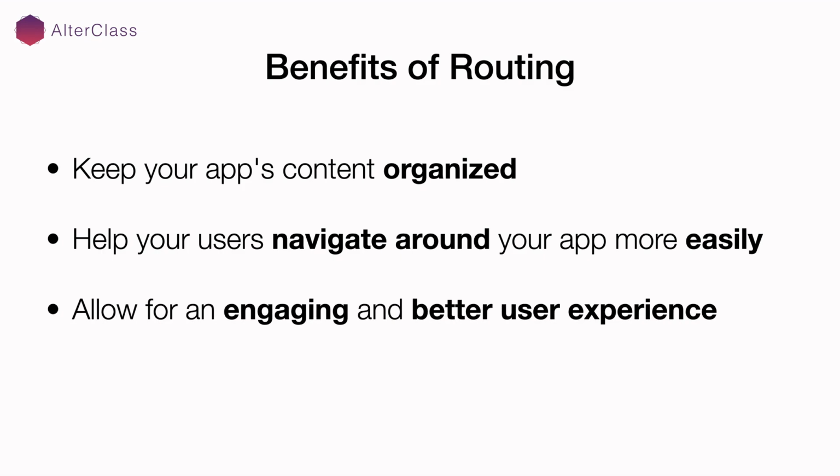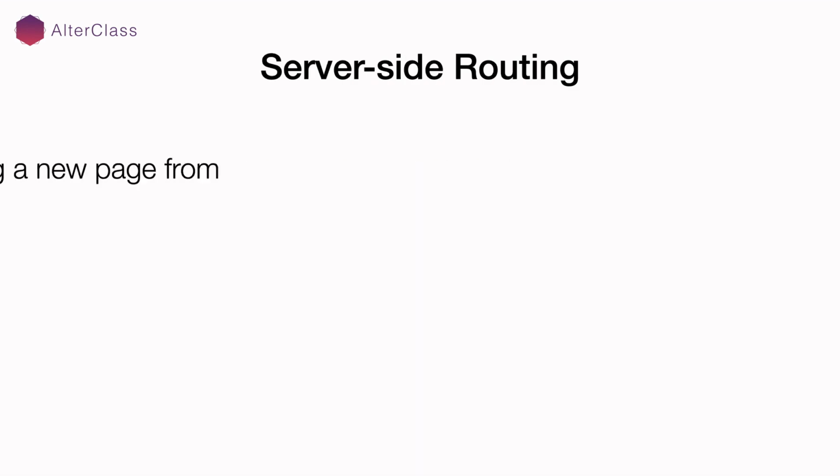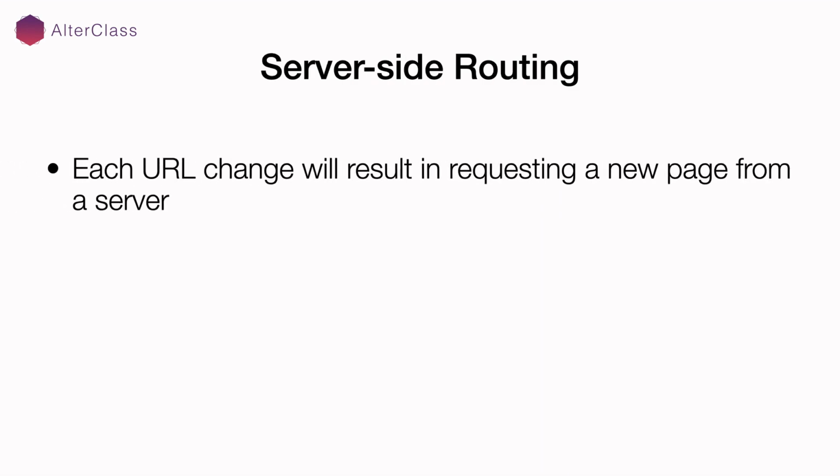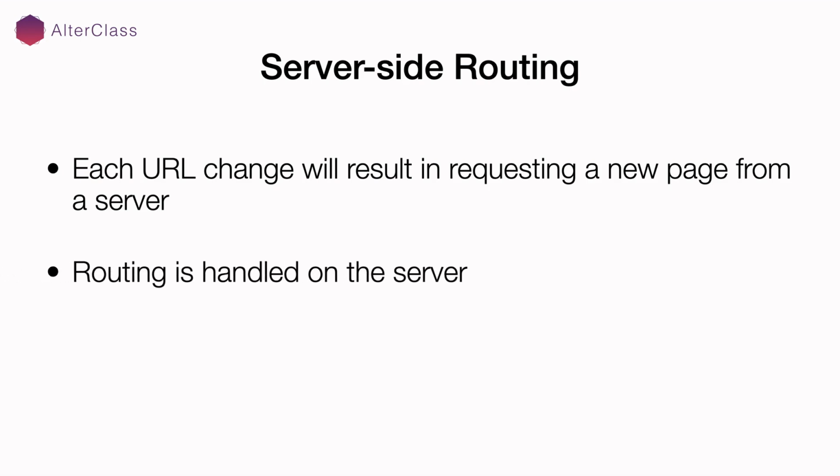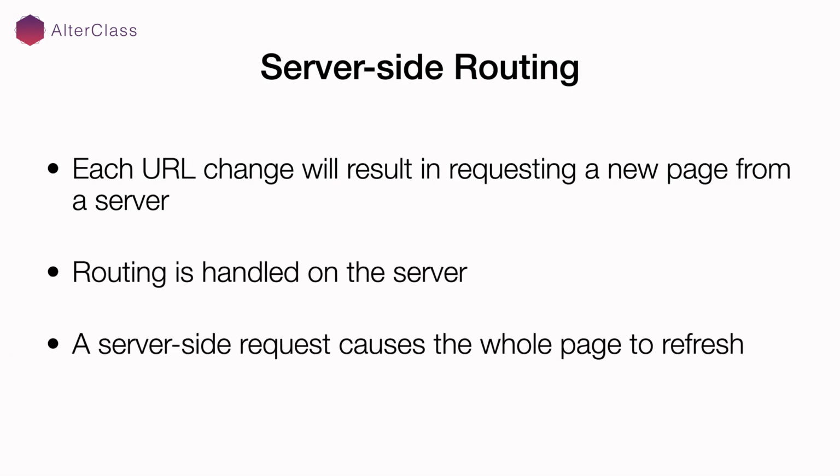Depending on the kind of application you are building, there are different ways to handle routing, either using server-side routing or client-side routing. With server-side routing, each URL change will result in requesting a new page from a server. The routing is handled on the server, and a whole new HTML document is served to the user with each request to the server.